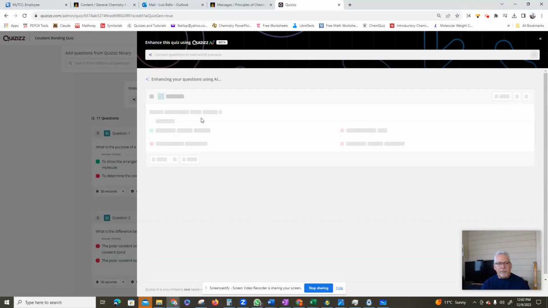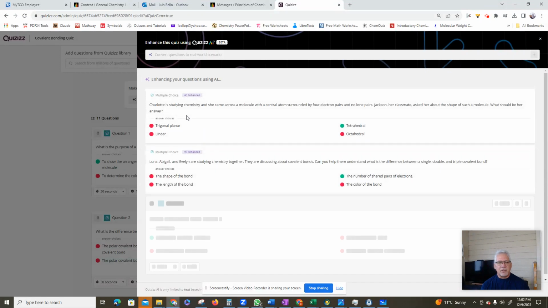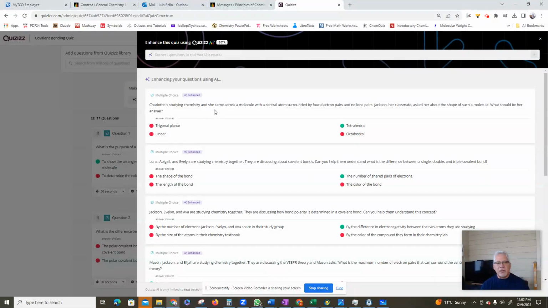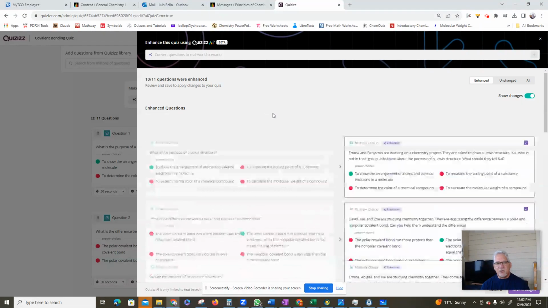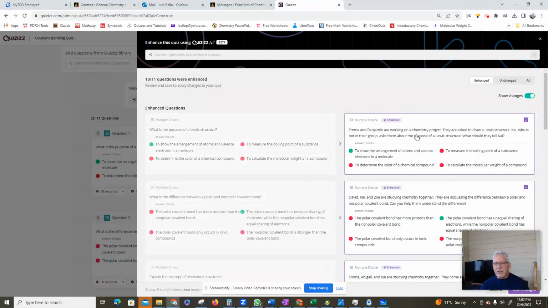And maybe they will offer a situation where the student, okay, Charlotte is studying chemistry and she came across a molecule. Okay, they give you two choices, so you can select the one that you want. Like Emma and Benjamin are working on a chemistry project.